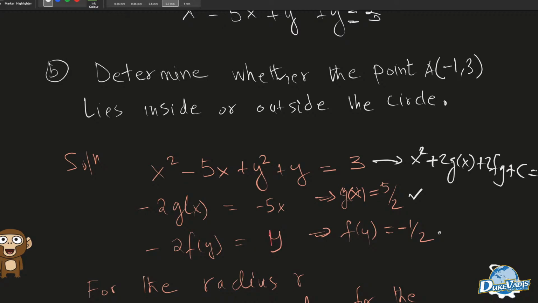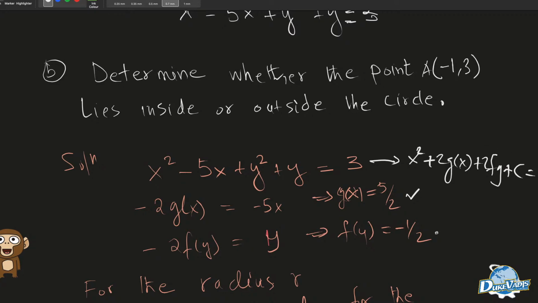So when we compare the coefficient of x and coefficient of y, we say that 2g x is equal to minus 5x over there, and eventually we are going to get g to be minus 5 over 2.